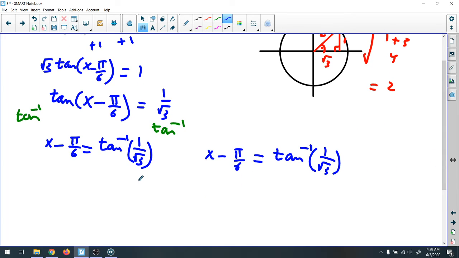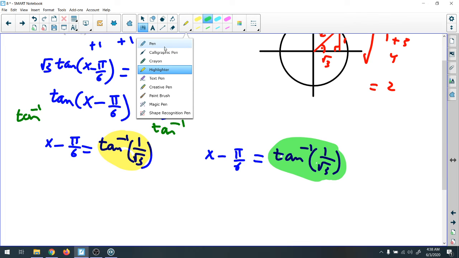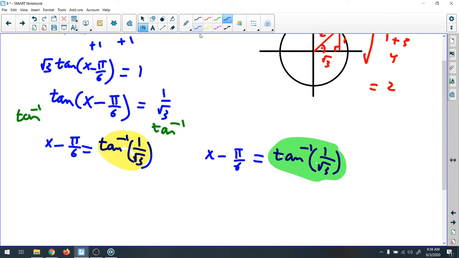And we found that the first angle in here will be 30, which is pi over 6. We need to look at the second angle here.